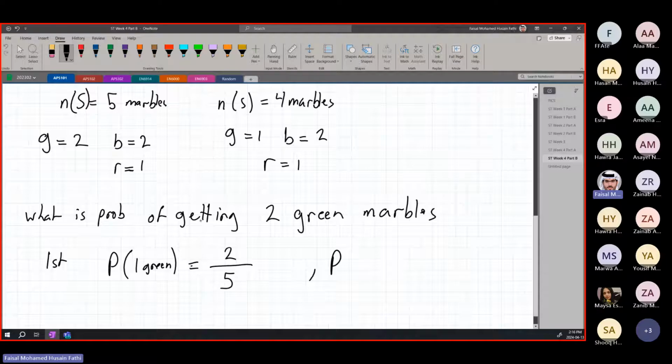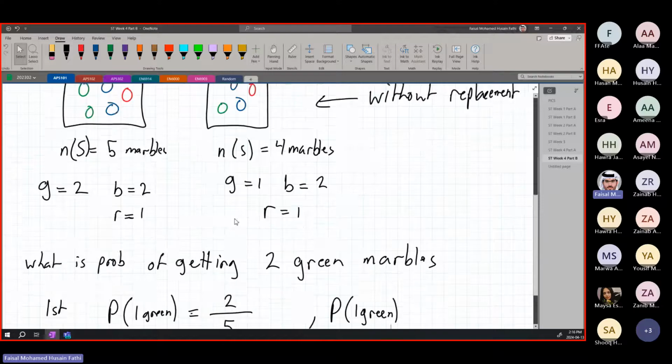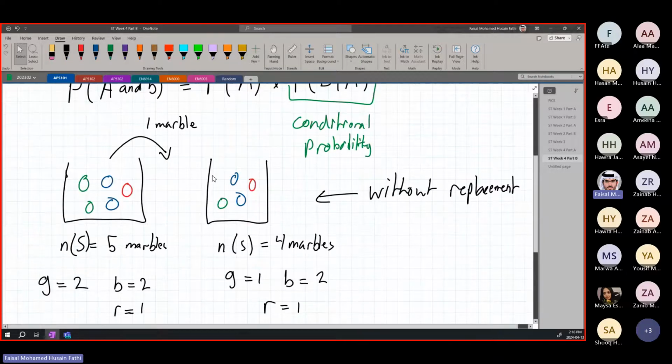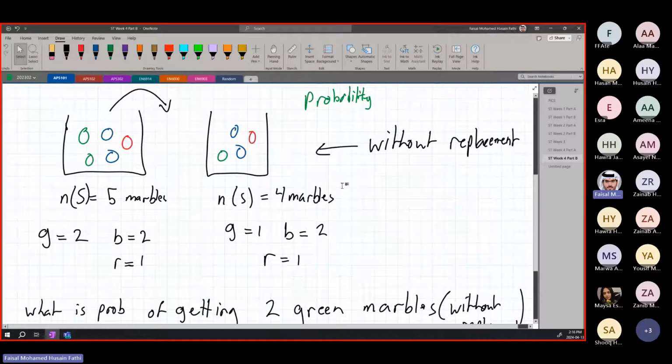The second thing is getting another green marble. However, now our sample has changed because we have already taken one green marble, without replacement, meaning we did not put back any marbles. Now we are left with only one green marble inside, and the total is 4.